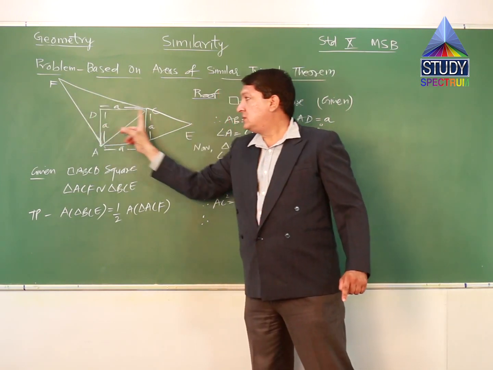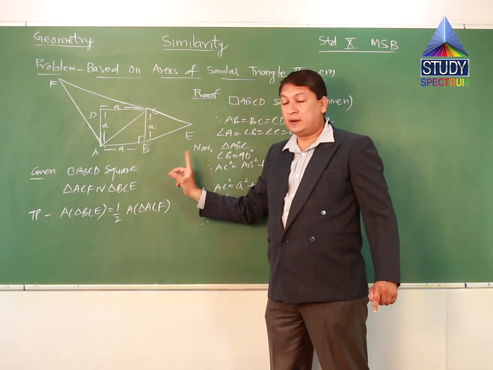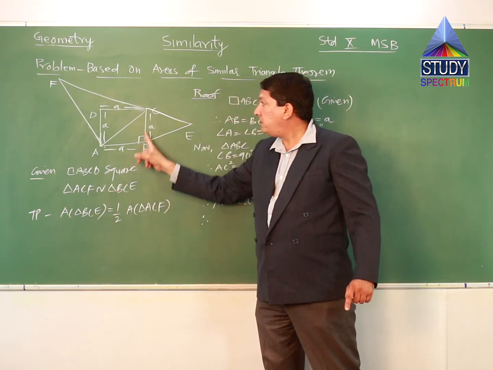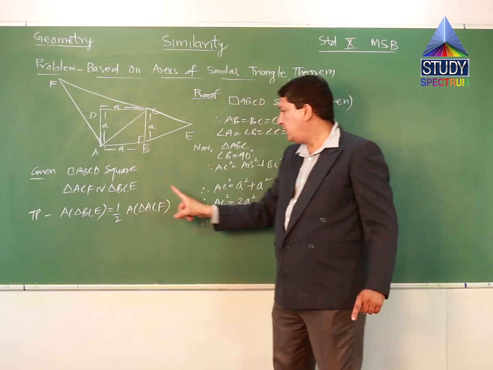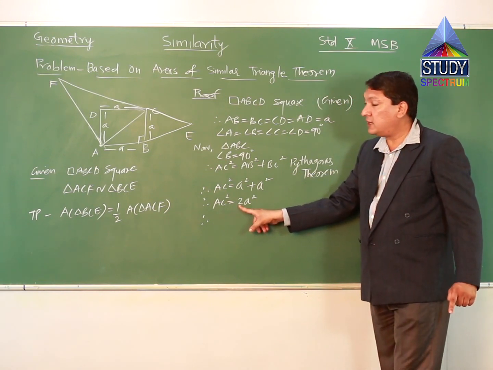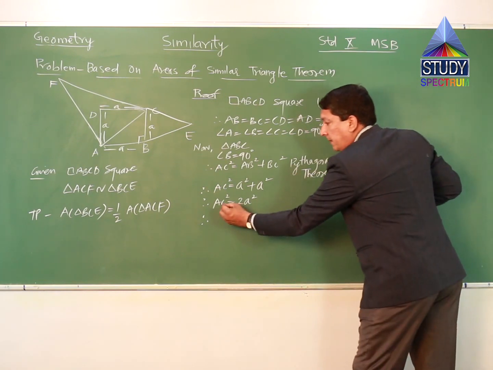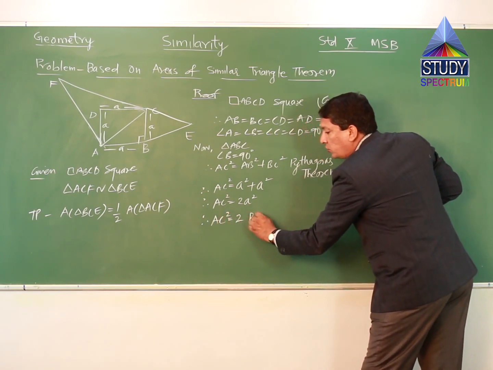Now, these two triangles are similar. Area upon area will become side square upon side square. Sides are BC for triangle BCE and AC for triangle ACF. So we are establishing a relation between AC and BC now. Therefore, AC square is equal to 2 BC square.